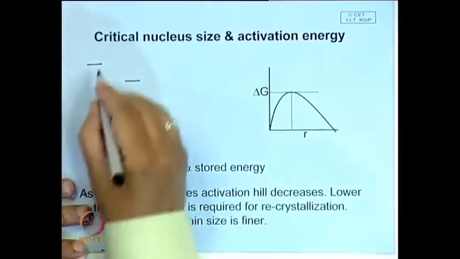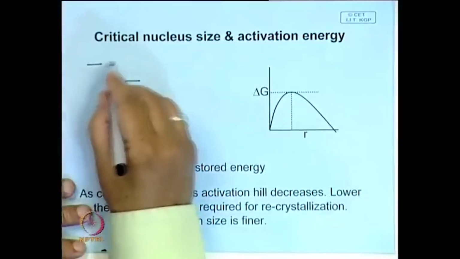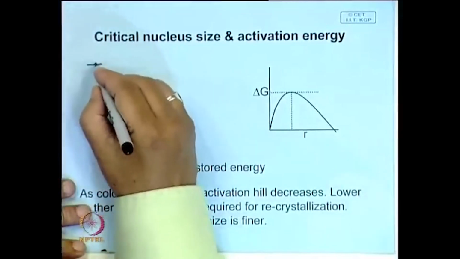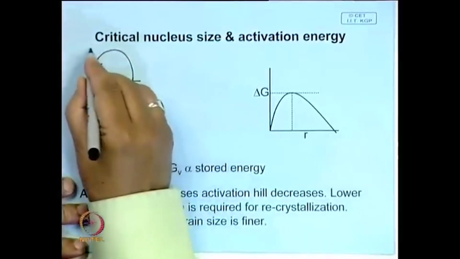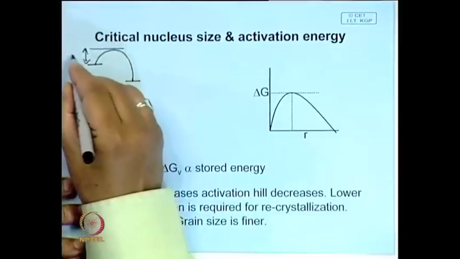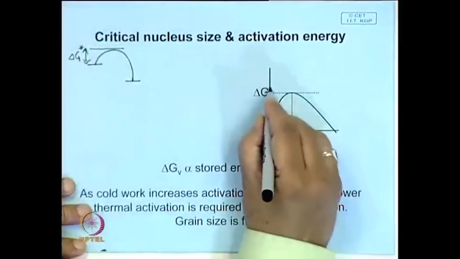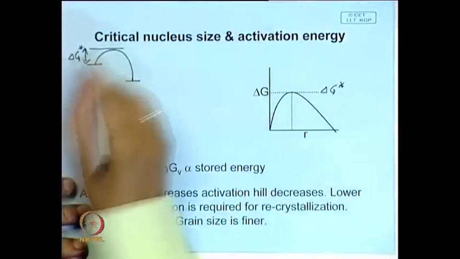Now, from here, although there is a driving force, the process does not continue all by itself. You have to provide a thermal activation, and this is the thermal activation. This is that delta G star.